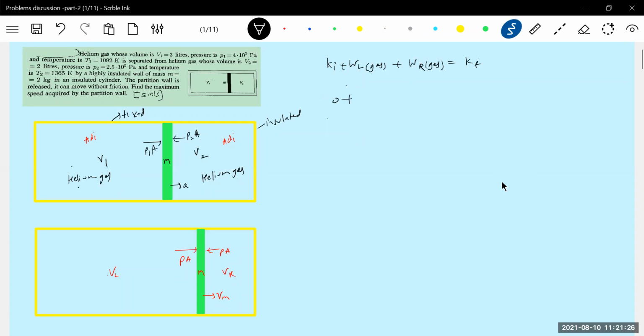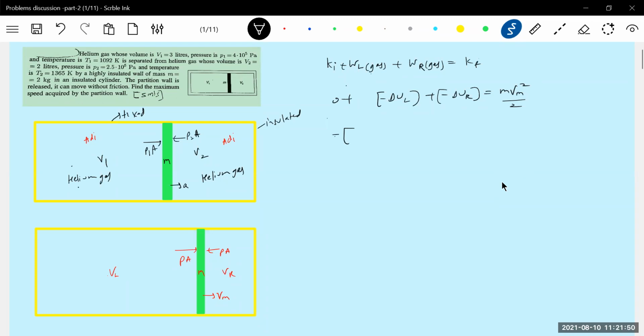Work done by the gas in the left part should be equal to the change in energy, because in an adiabatic process, work done by the gas is equal to minus delta U. What is delta U?